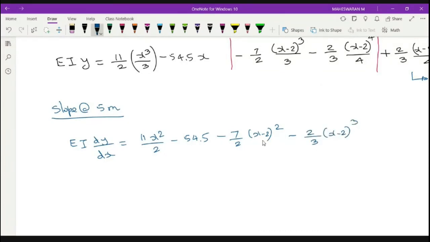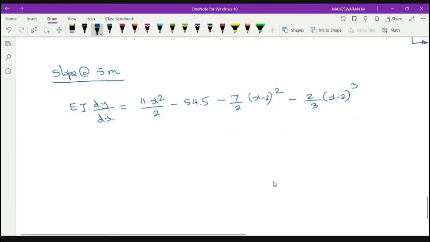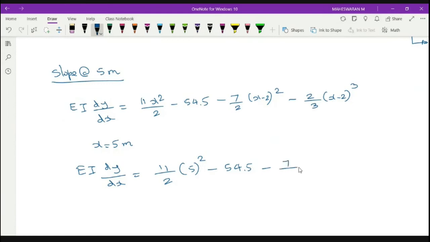This is my equation. In this equation, let us substitute x is equal to 5 meter. I will get EI dy by dx is equal to 11 by 2 into 5 square minus 54.5 minus 7 by 2.